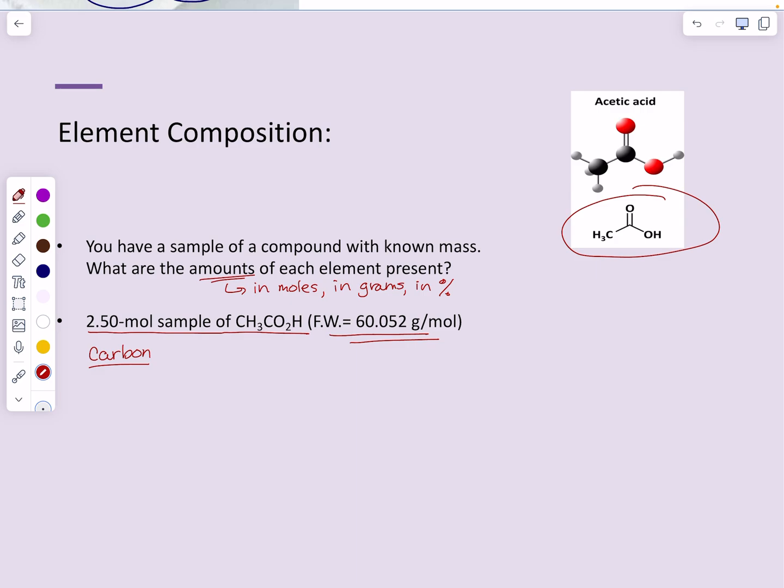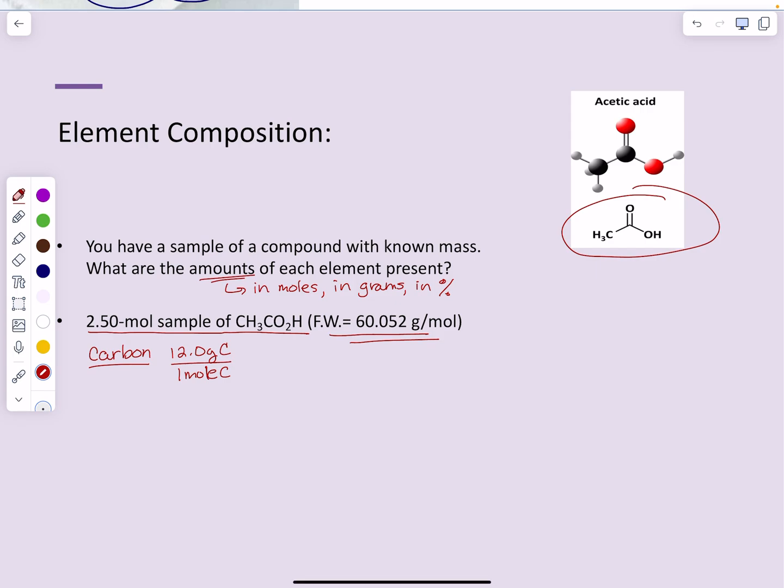So if we go to the periodic table and we look, carbon has a molar mass of 12 per 1 mole carbon. All right, so let's look at our sample of acetic acid. Whoops. Sometimes when I put my hand down on this, it makes things go backwards and I don't know why.